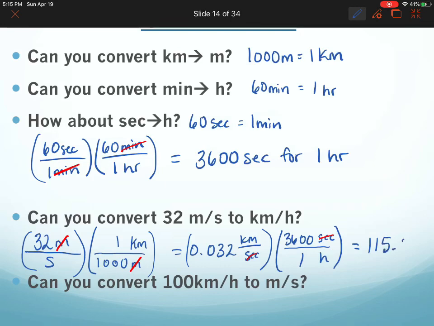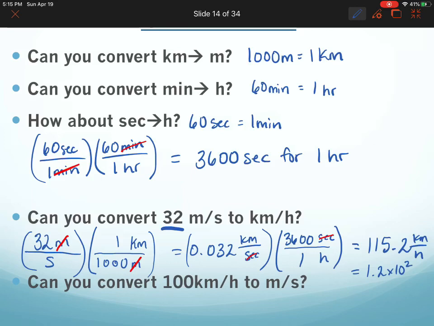I type that into my calculator, and that is 115.2. And look at that, we got kilometers per hour. Oh, but one thing here, 32 is only 2 significant digits. I need to put my answer in 2 significant digits.